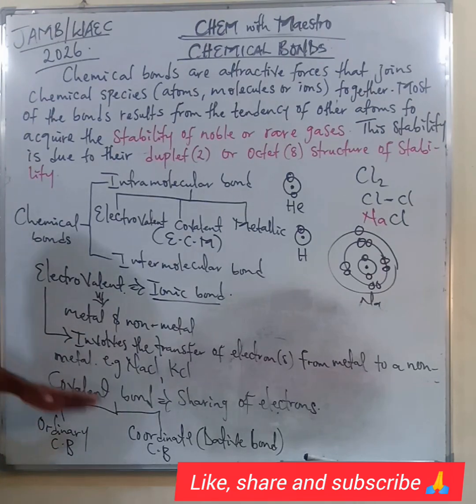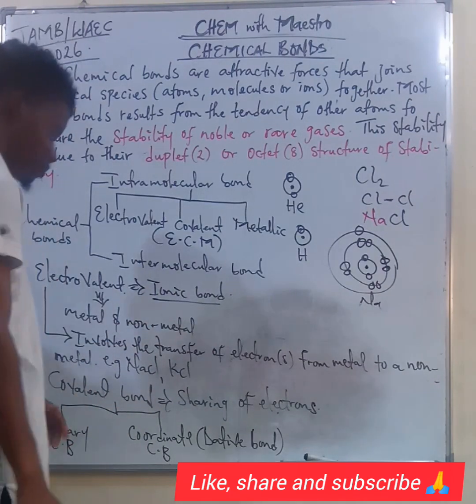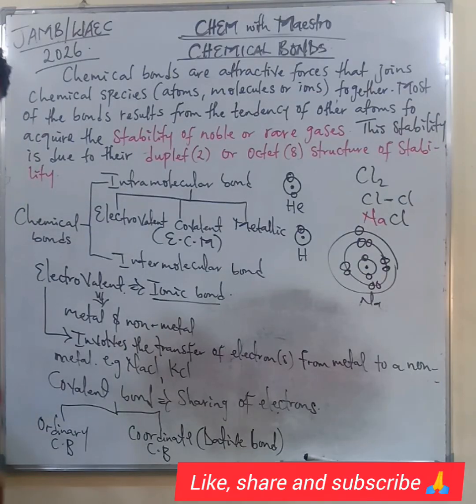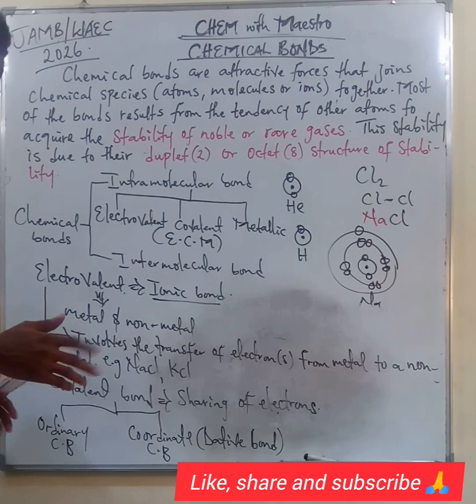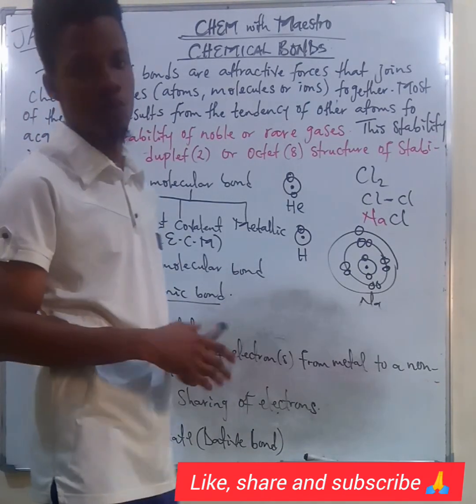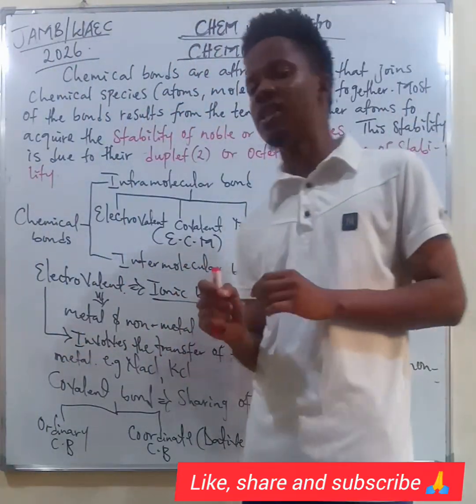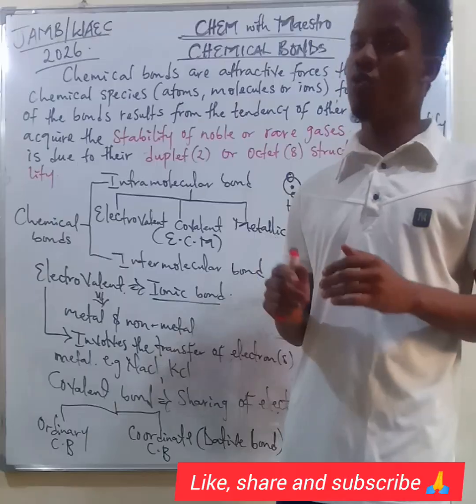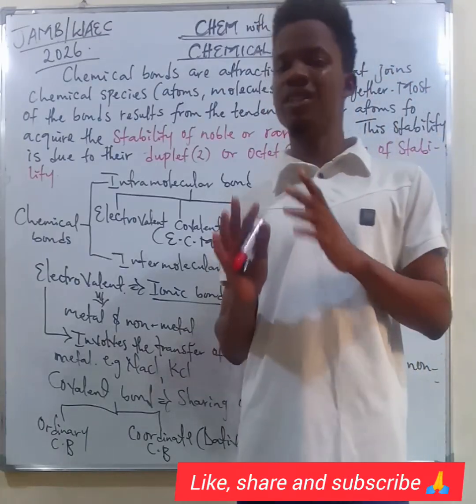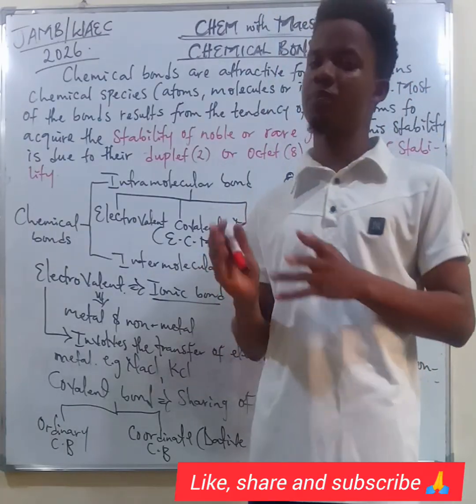Now, remember, covalent bond results from what? Sharing of electrons. Now, how does ordinary covalent bond happen? Now, listen, ordinary covalent bond happens when the electron that is being shared is donated equally by the two participating atoms.